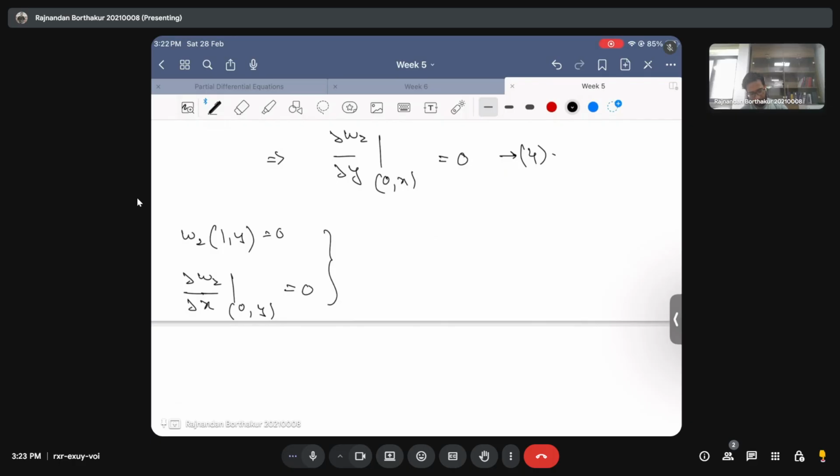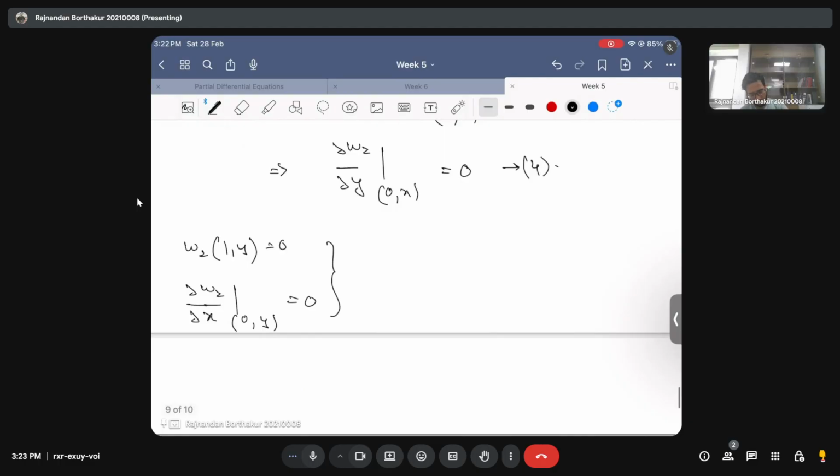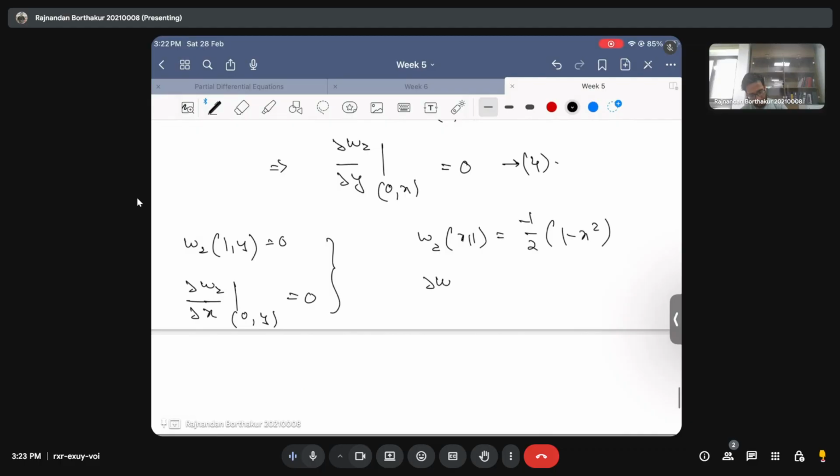These are the conditions on x, and then I have W2 at x comma 1 is basically equal to minus half of 1 minus x squared, and del W2 by del y at all y's is 0, and for all x this is equal to 0. Okay, these are the two boundary conditions.